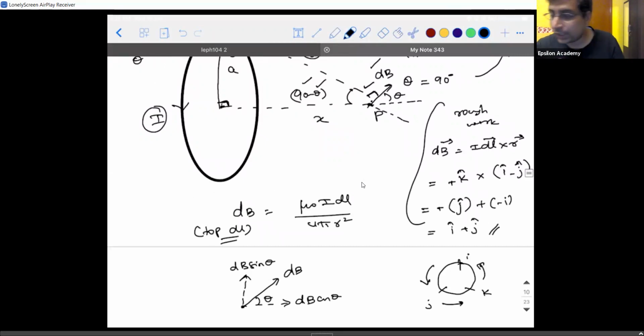In a similar way, if I consider another dL at the bottommost point exactly opposite to the topmost point. So let me show you with the angle. See, if I take one dL here and the other dL exactly at the bottommost point. So one is here and the other is here. Okay, then what will happen to the direction of dB at the bottom?